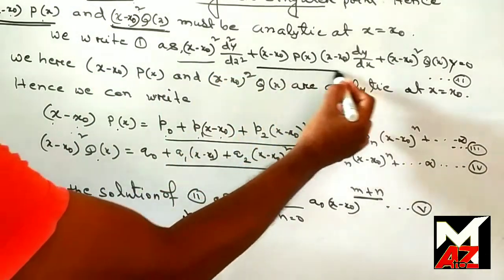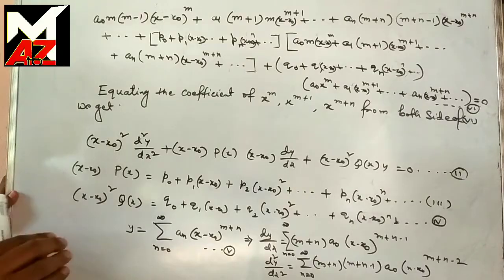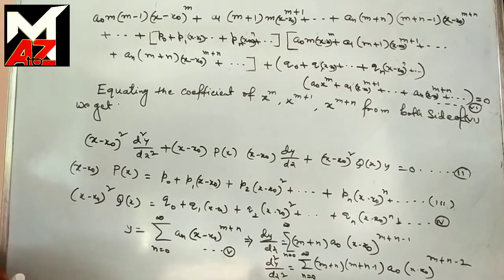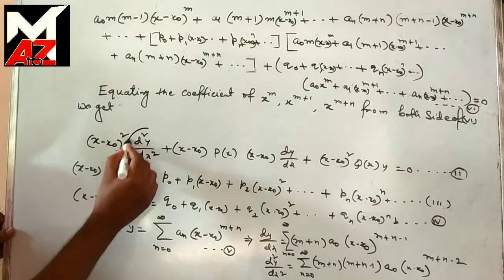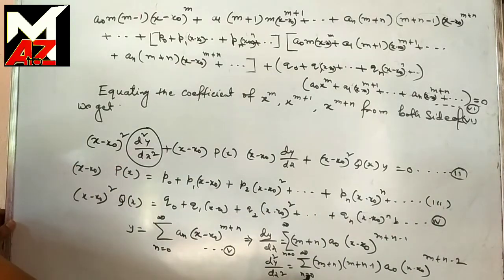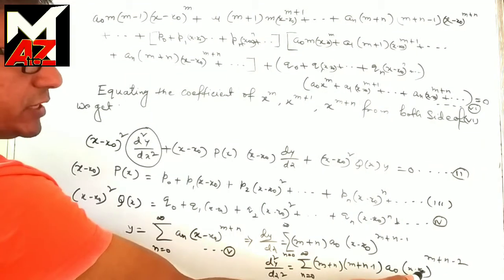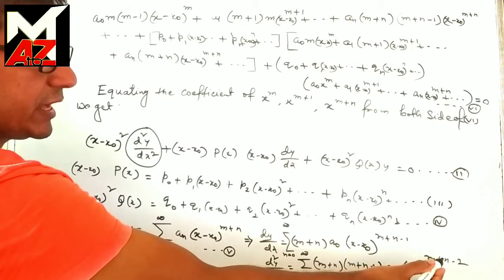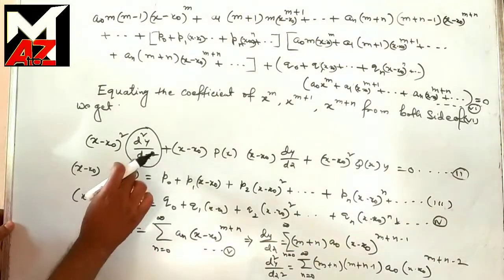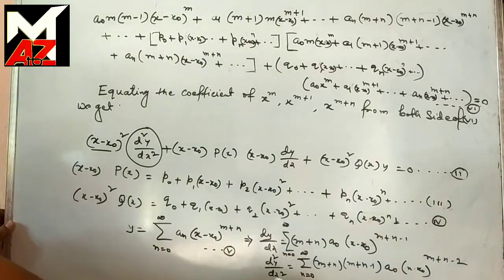Here we put the value of d2y by dx2, that is summation n equal to 0 to infinity m plus n into m plus n minus 1 into a_n x minus x0 whole to the power m plus n minus 2. We expand this series.